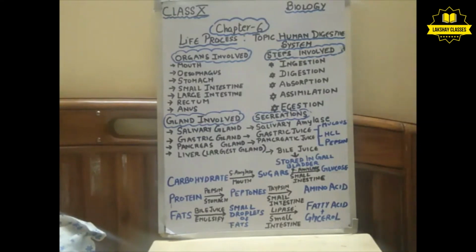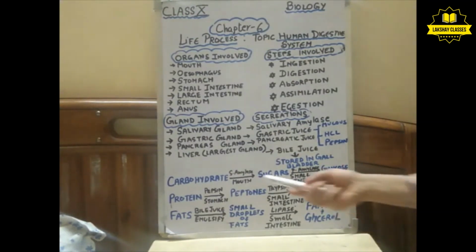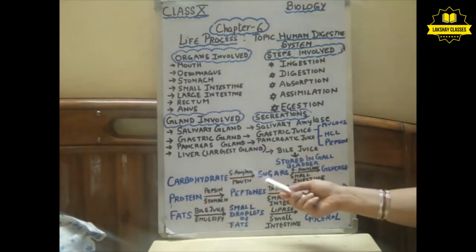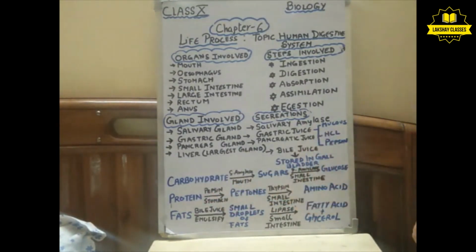Initially it will not taste sweet, but when you chew it properly, the food will start tasting sweeter. That means the carbohydrate which is present in the food has been converted into sugar by this salivary amylase.